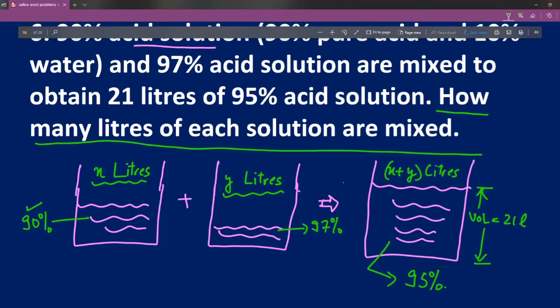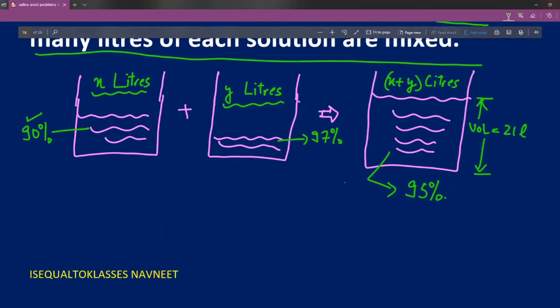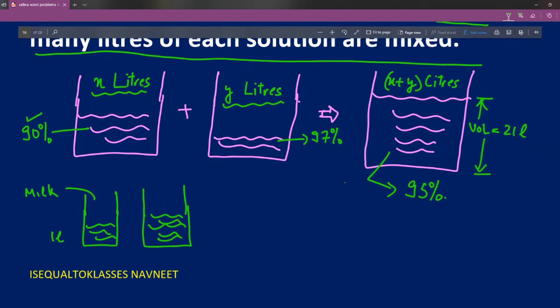See, what you do is pretty simple to understand. You have milk. Let us assume you have 1 liter of milk, and this is water.